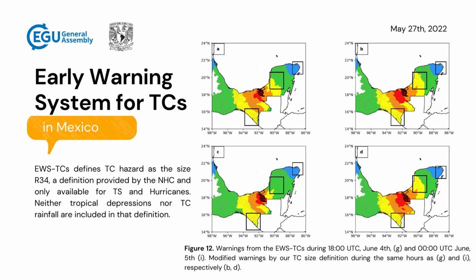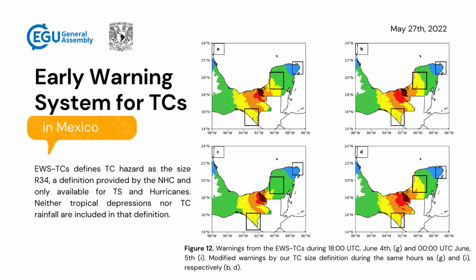This work modifies the alerts every 6 hours, changing the circulation scale factor of the tropical cyclone, changing the R34 to the size calculated with the ROCI cloud in this project. Blue and green colors are issued for minimum danger, yellow for moderate danger, and orange or red for high danger.